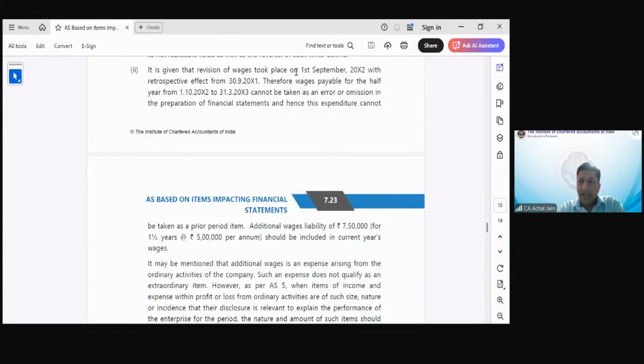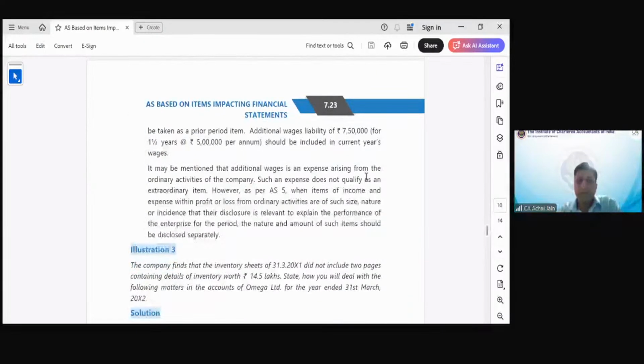So in the given case, what do you do? Additional wages liability should be included in the current year's wages, no doubt. It may be mentioned that additional wages is an expense arising from ordinary activities.